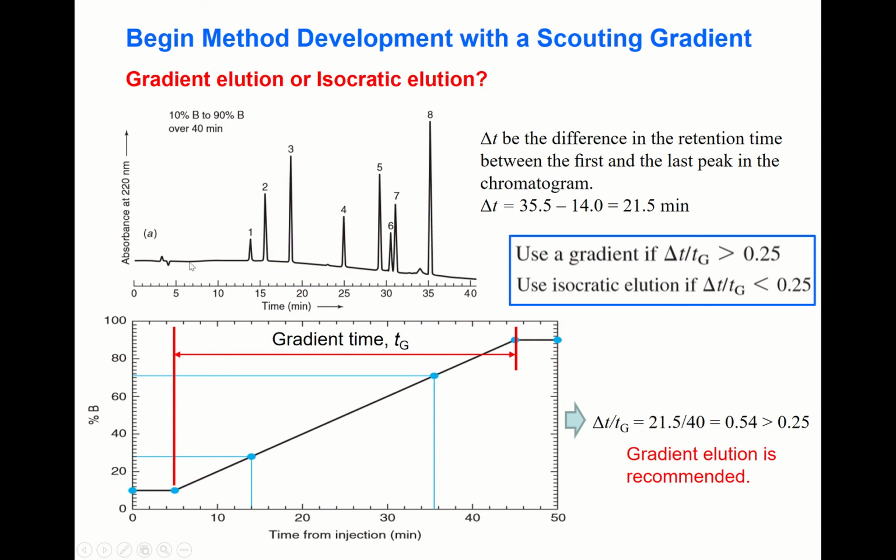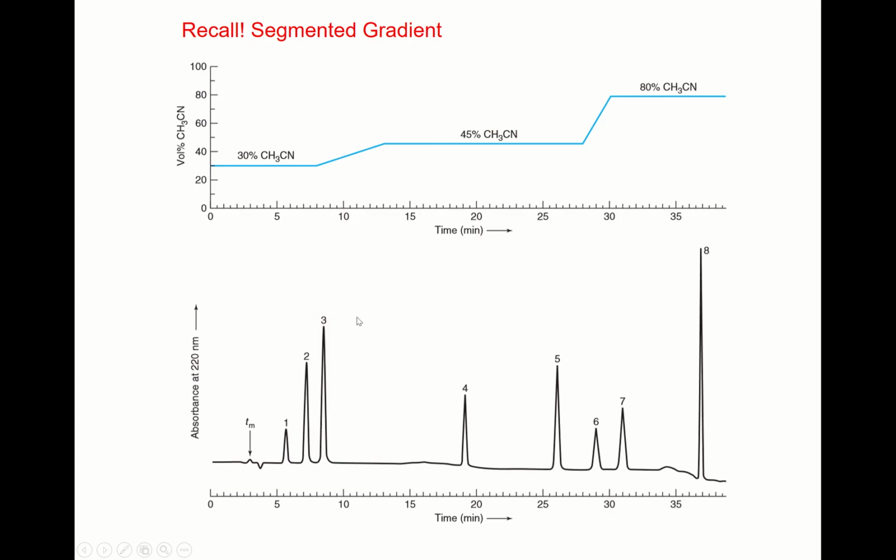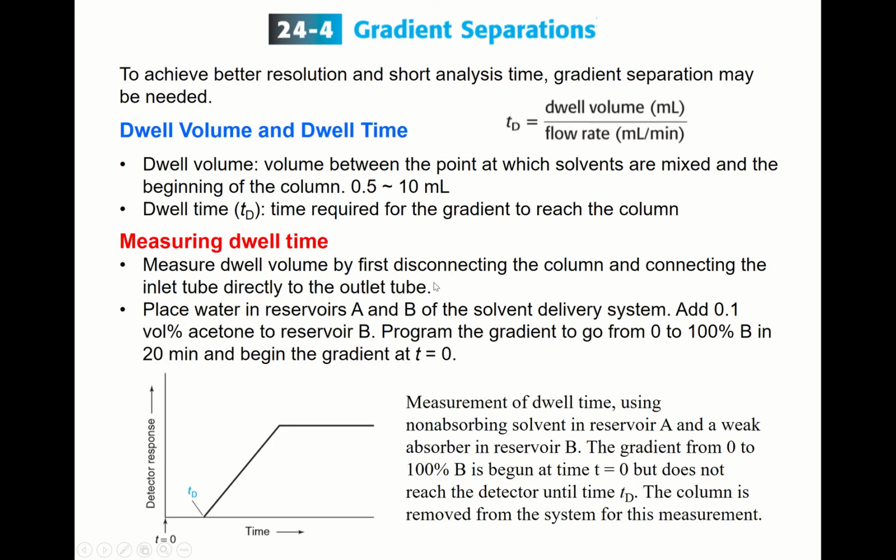Let's look at this chromatogram. This chromatogram was obtained with 10% B, starting at this point. By the way, we simply assumed that the dwell time is 5 minutes.